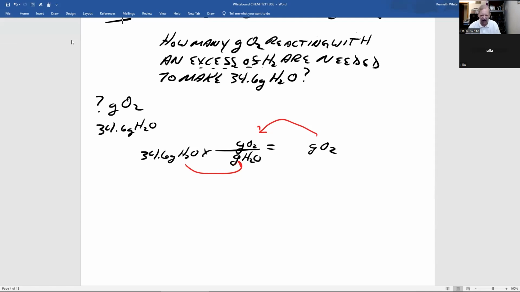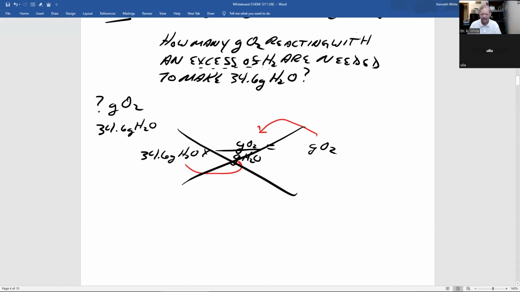And now I'm stuck. Why am I stuck? Because there's no relationship between grams of oxygen and grams of water. It does not exist. So you can't do this in one step. Uh-oh, what do I do?